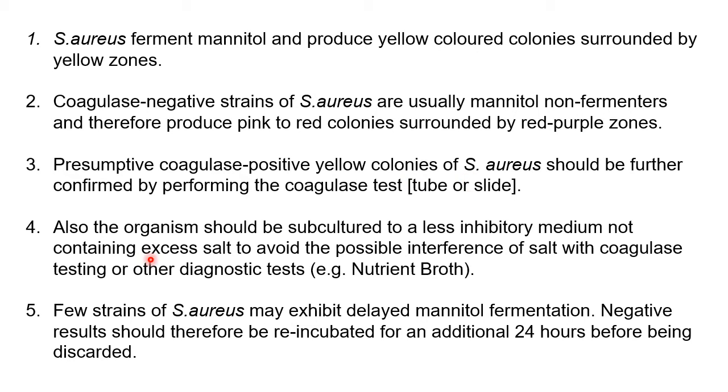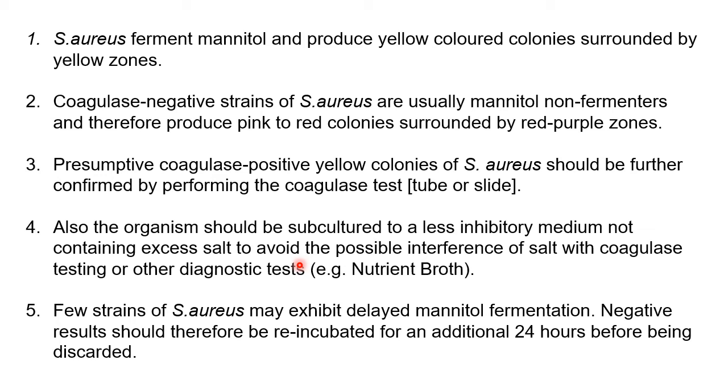Also, the organism should be subcultured to a less inhibitory medium not containing any excess salt, to avoid the possible interference of salt with the coagulase test. Okay, so this is the important point. When you have positive results for Staphylococcus aureus on mannitol salt agar, don't use the culture directly from the mannitol salt agar plate.